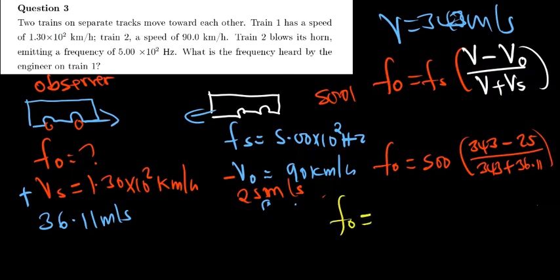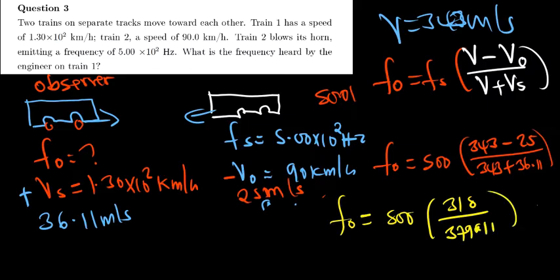VO will be equal to, let's just first write a 500. Then down here we say 343 minus 25, 318. I divide this by 343 plus 36.11. Then down here I have 379.11.